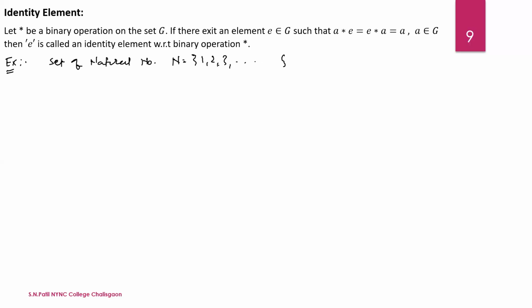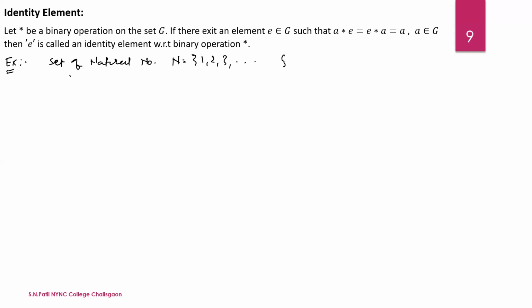So here we define the binary operation star as multiplication. Star is a multiplicative operation. So here take any element and find the element E such that after operating we get the same element.